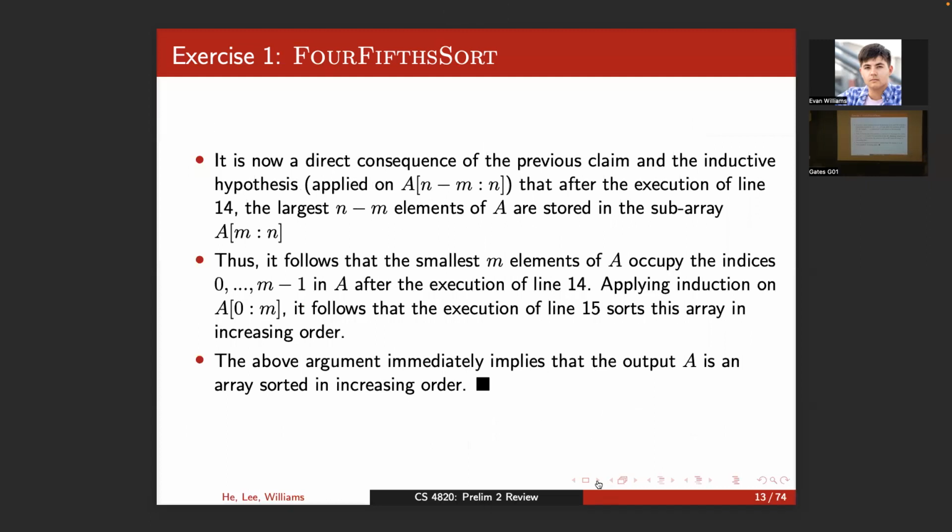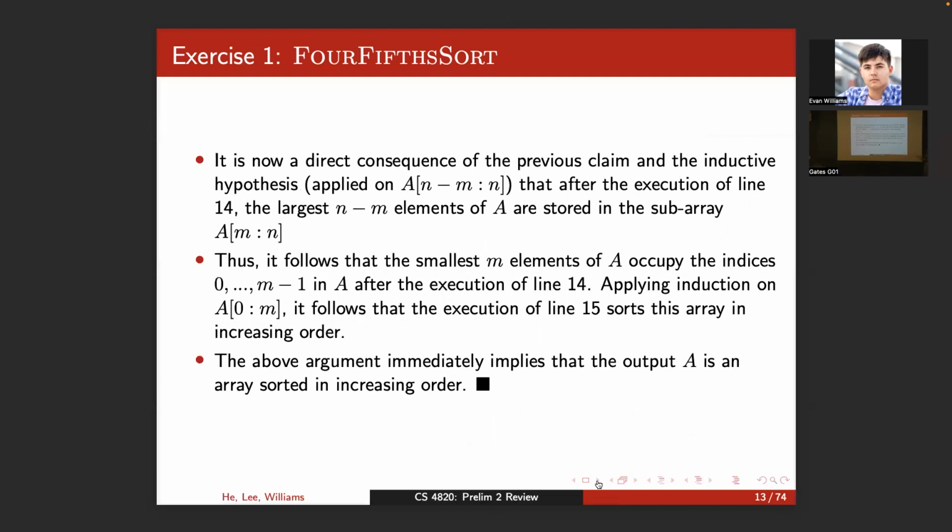After you're able to prove that the n minus m largest elements are in the subarray m to n, then it follows that the smallest m elements of A are in the indices from 0 to m minus 1.